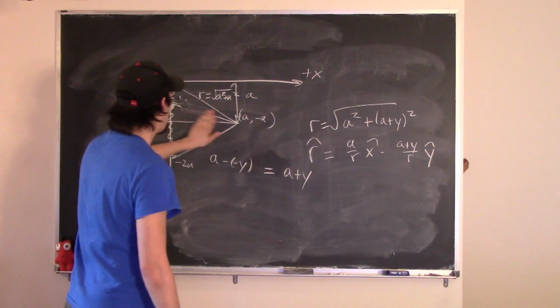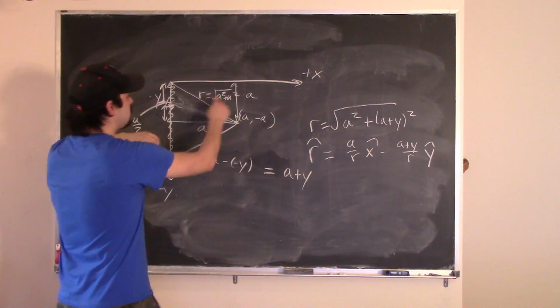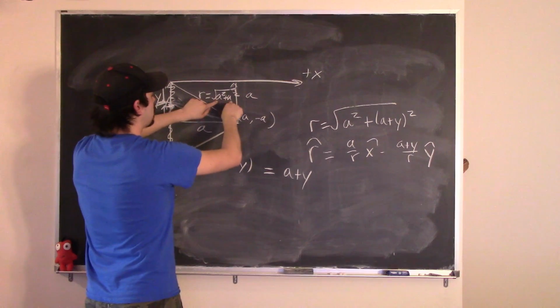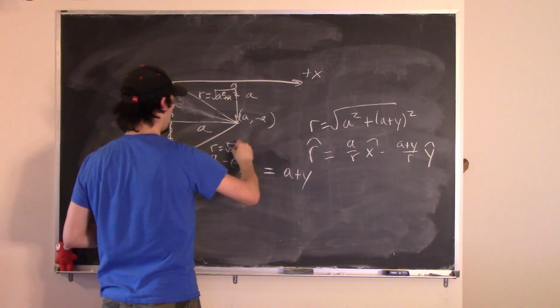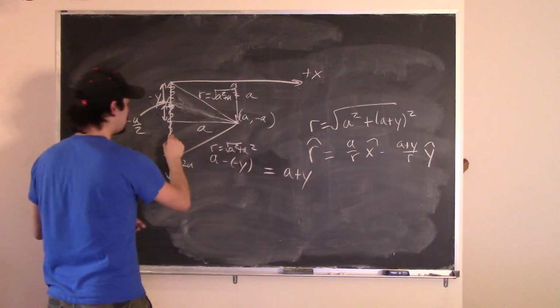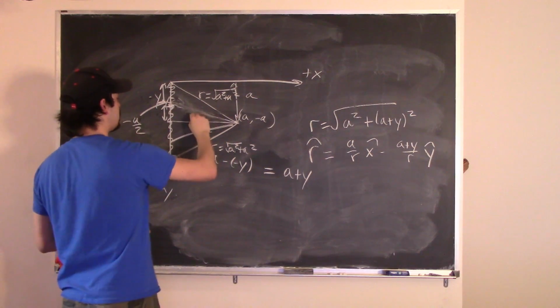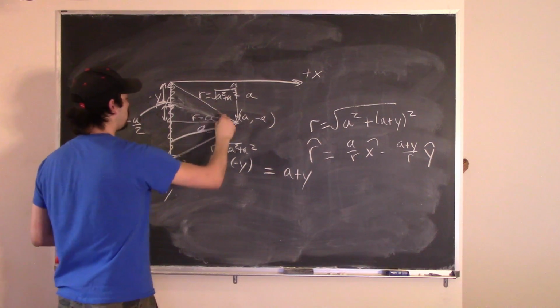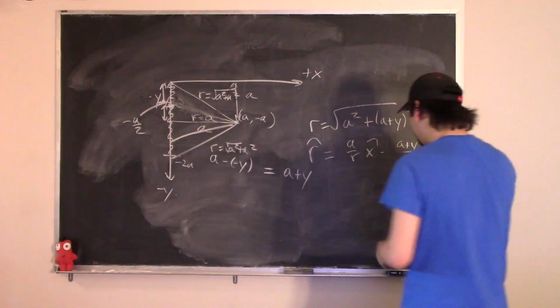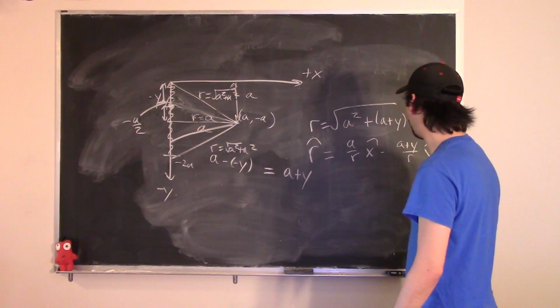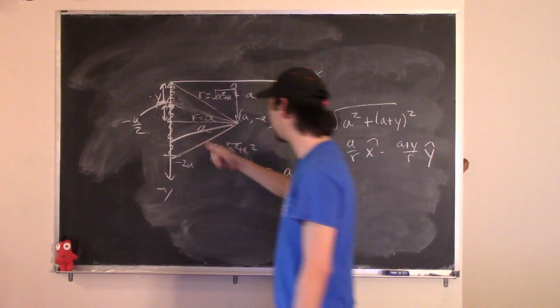So at its two extrema, this is r is equal to the square root of a squared plus a squared, and this is r is equal to the square root of a squared plus a squared. But there are all of these intermediate values, and at this point, this is actually r is equal to a.